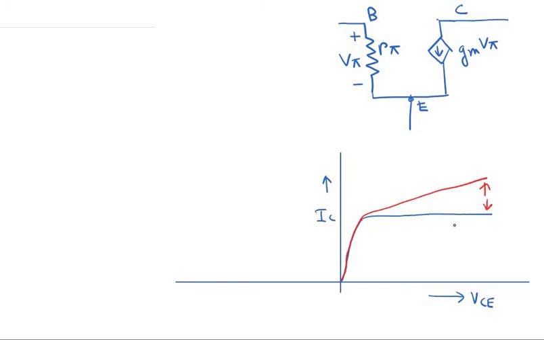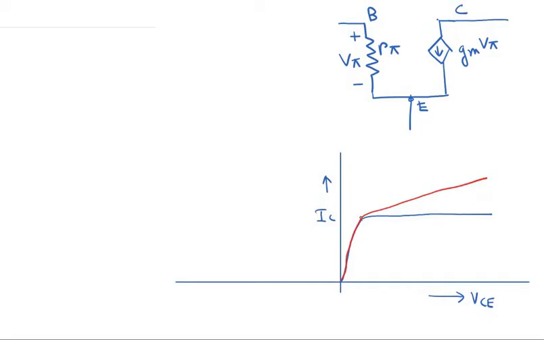It does not increase at such a fast rate, but for the sake of representation I have exaggerated it. The collector current is not exactly constant but increases slowly with the collector to emitter voltage.